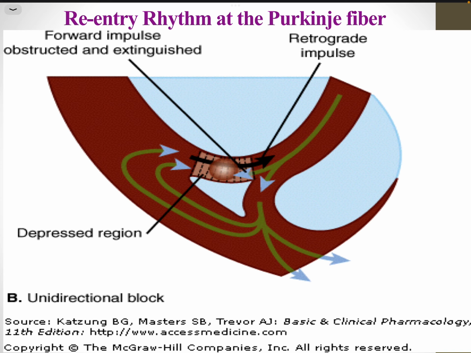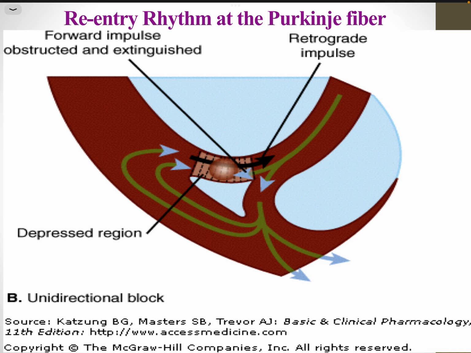Now it's a little bit hard to explain what happens. Let's say I have that area of block and a division of the electrical conduction pathway. It's going to be slowed in one area, let's call that the alpha pathway, and it's going to be normal speed or a little faster in the other area, let's call that the beta pathway. In the alpha pathway, yes, the conduction is slowed, but the refractory period is going to be shorter in order to adjust to that slowed action potential.